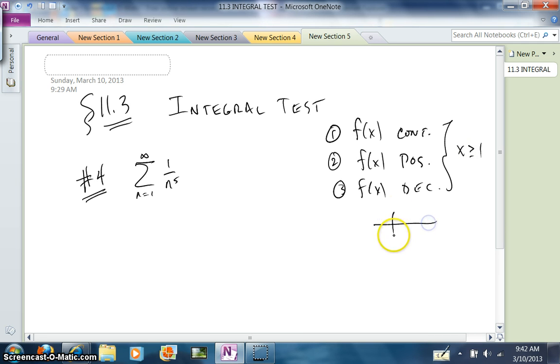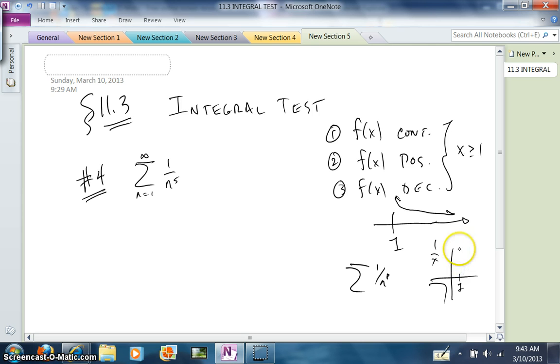So we're talking about the number line here from 1 to infinity, and the function needs to have this shape: positive, decreasing, and continuous. Okay, so the p-series, these kinds of things here, fall into that category because things like 1 over x look like this, but from 1 to infinity, they do fit this description.